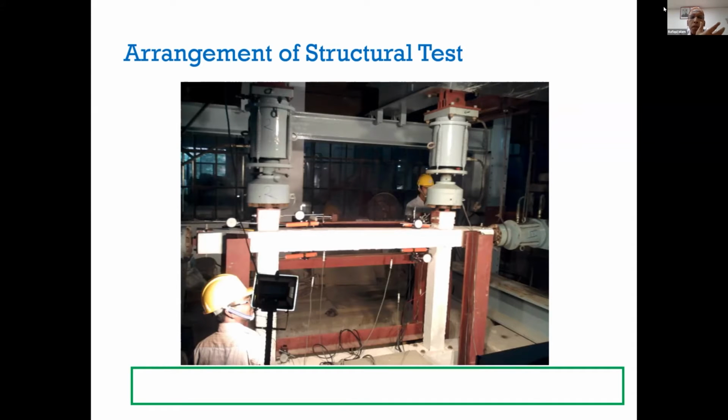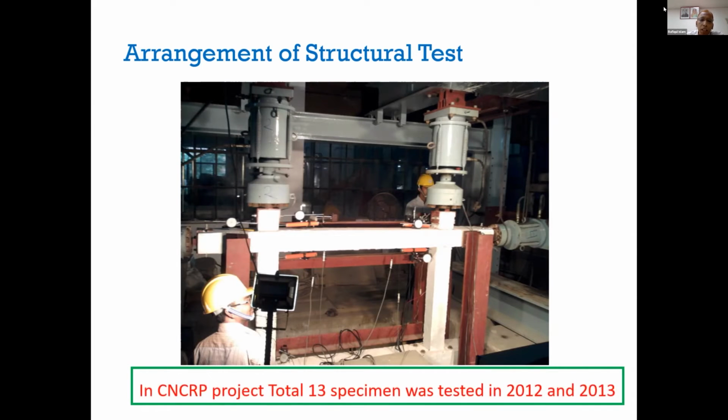The structural members are very narrow, especially the column size, with low strength concrete, and also differences in the construction procedure. There are many differences between the buildings in Japan and Bangladesh, and that's why we did some structural tests in 2012 and 2013.